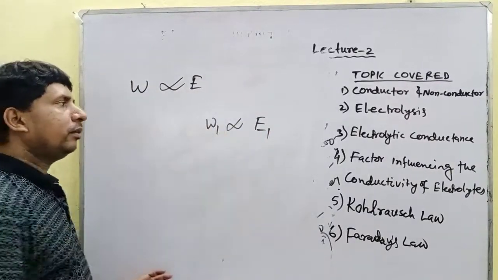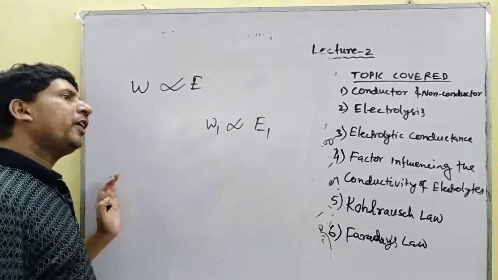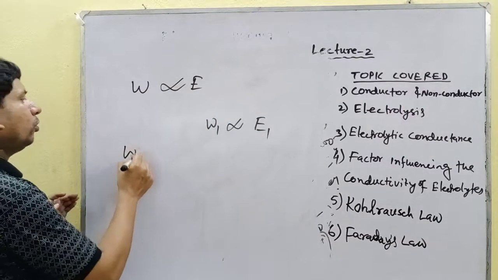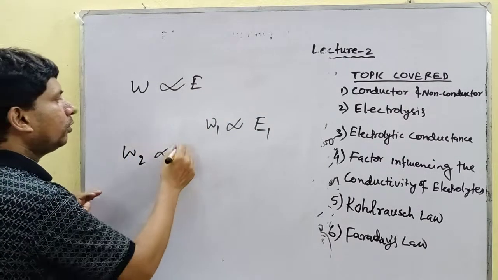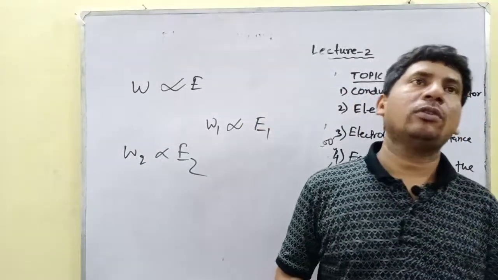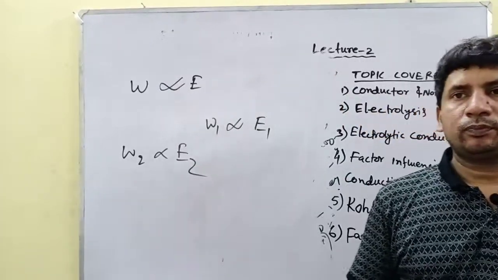If the equivalent weight of another substance is E2, then W2 is proportional to E2, if the same amount of electricity is passed through.